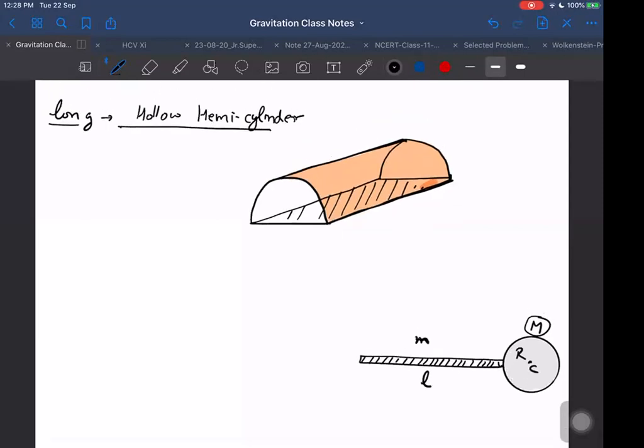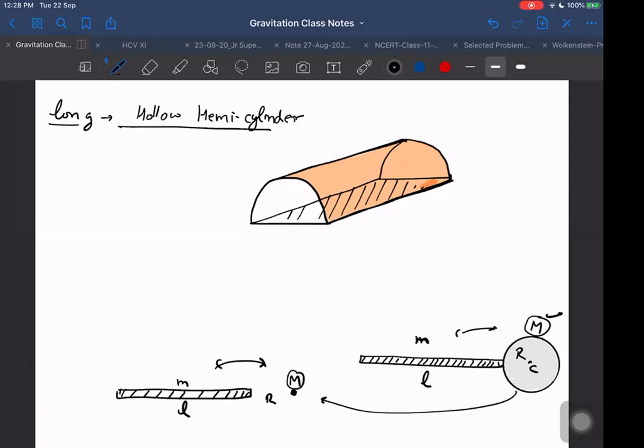So if I want to calculate the field due to capital M, that field will be the same as the field due to a point mass at the center, outside. This is the same force between this and this. The force due to this and the force due to this will be the same, equal and opposite in pair.